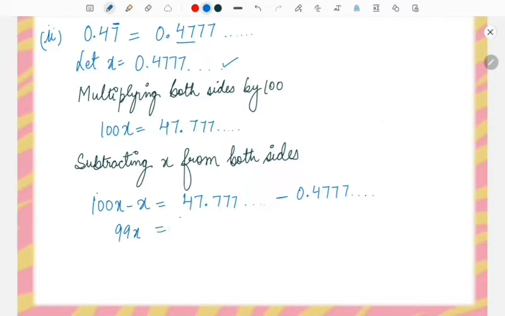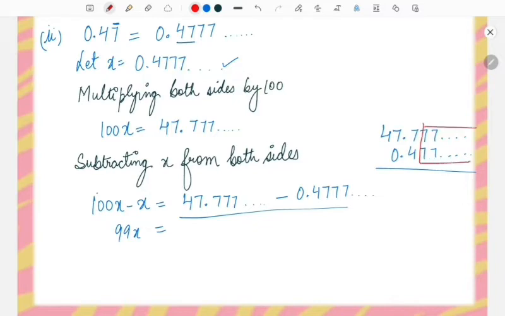And what would this become? ये क्या बन जाएगा? Let's subtract 47.77 with dots, then I have 0.477 with dots. अब this all will become 0. 7 minus 4 is 3. 47 minus 0 would be 47.